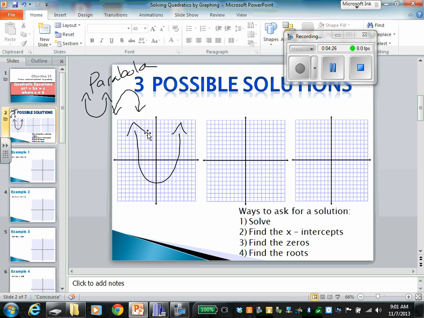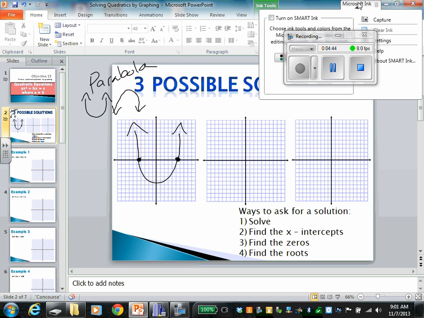So in this case, how many times does it cross the x-axis? Here's your x-axis. How many times does it cross? Twice. It crosses once here, and once there.